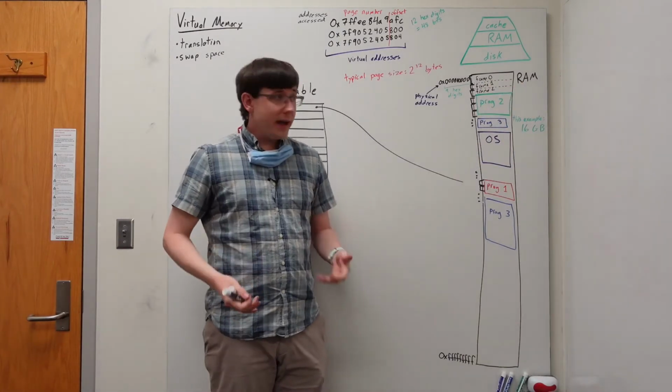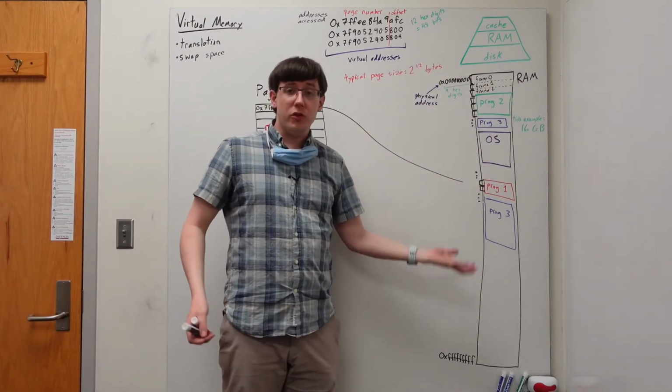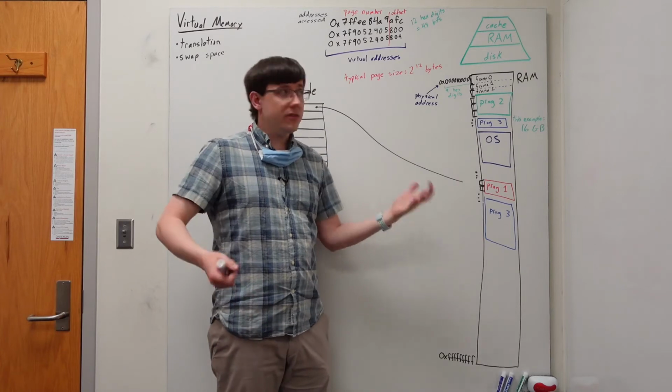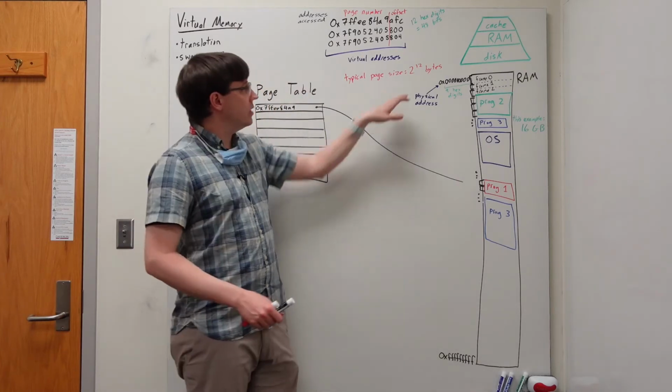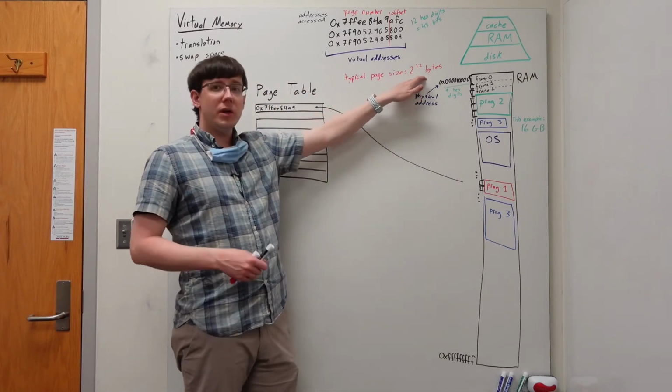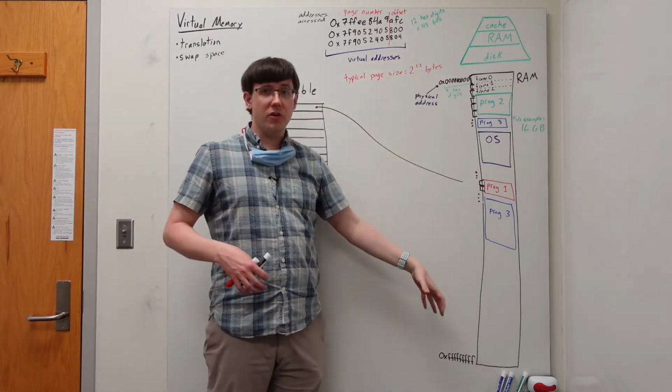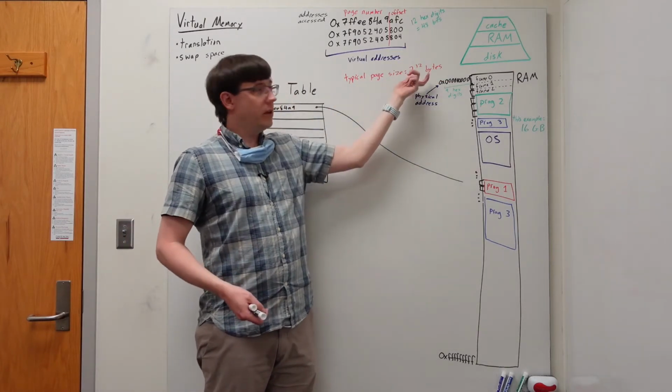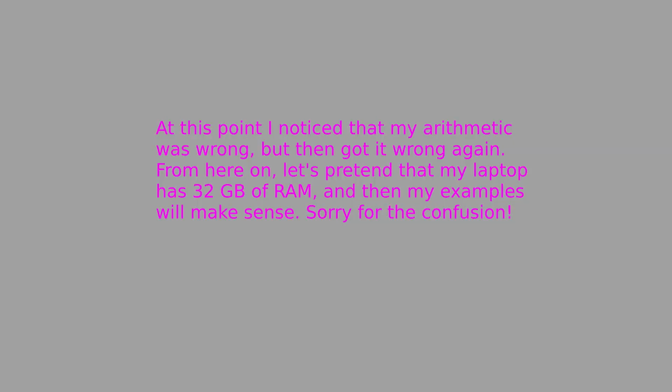So if we divide the RAM up into frames, where the size of a frame corresponds to the size of a page, then we are splitting the RAM up into chunks of 2 to the 12th bytes.